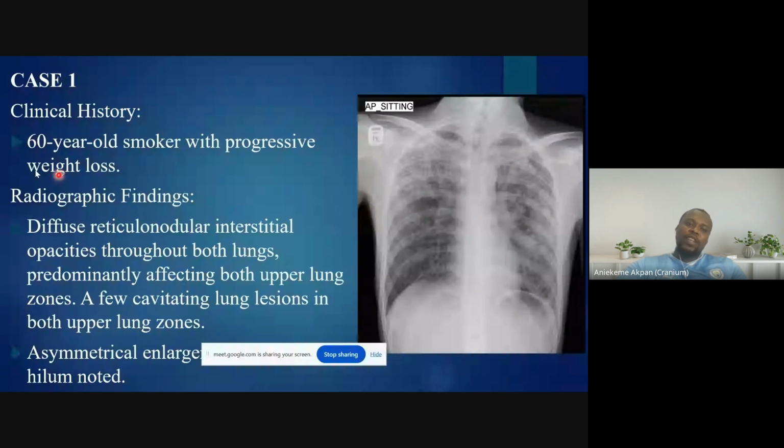Now, the important factors here: we have seen reticulonodular interstitial opacities, one. We now come and we see cavitations. And then we are also seeing upper lung zone. Of course, the answer has even brought itself out from everything I've said here. So which pathology is most likely associated with this?